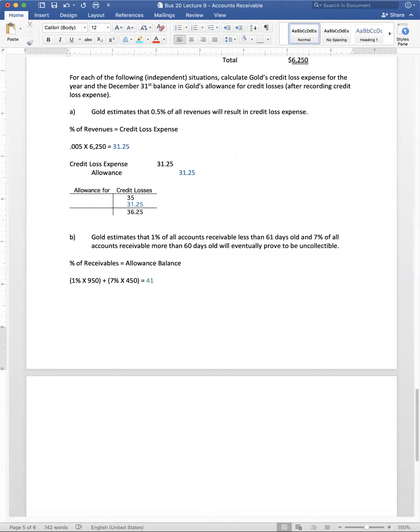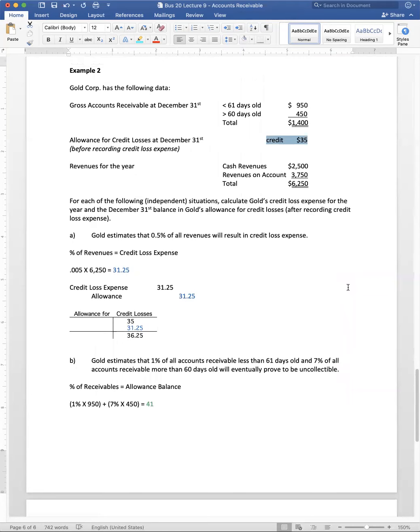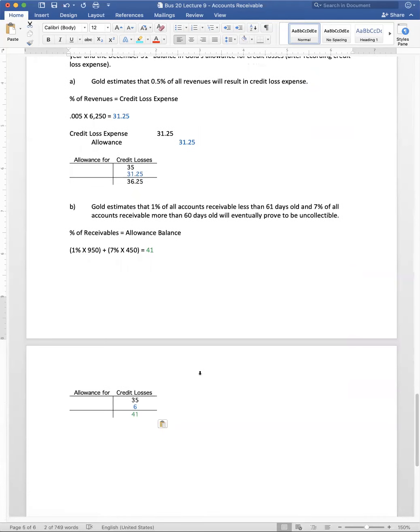All right, now let's put that in the T account. We know from the question that before we do our adjustment, the allowance for credit losses has a $35 credit in it, right? That was given in the problem here. So we have $35 in it, and we know the total has to be 41, so we can see that right here.